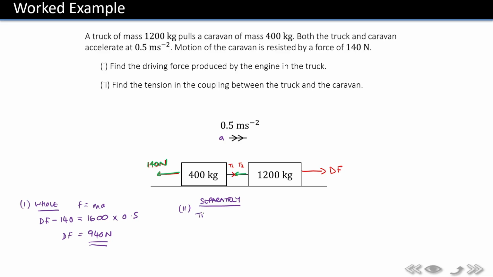So if I look at it from the truck perspective, I draw a quick diagram. Here I've got my truck, and it's 1,200 kilograms.